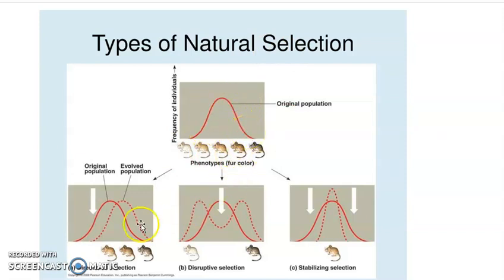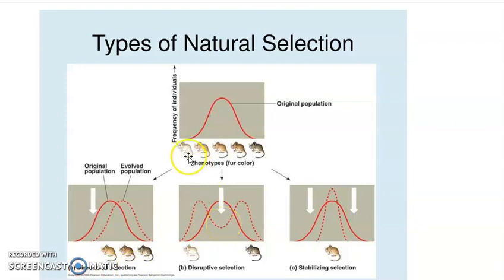Now imagine that something happened in the surroundings, and the light colored rats get killed or are not selected, and only the dark colored individuals are selected. So the graph has shifted, or the population has shifted in one direction. This kind of natural selection is directional selection.